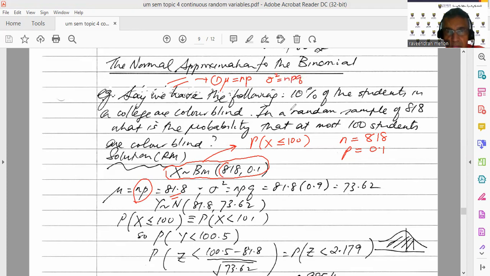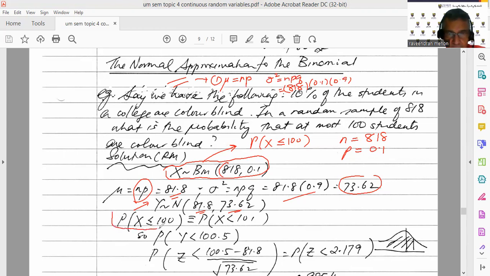You take 818, then 0.1, then 0.9, and you'll get 73.62. That's the variance. So the normal distribution that you're going to use, let's call it Y, has a mean of 81.8 and a variance of 73.62.